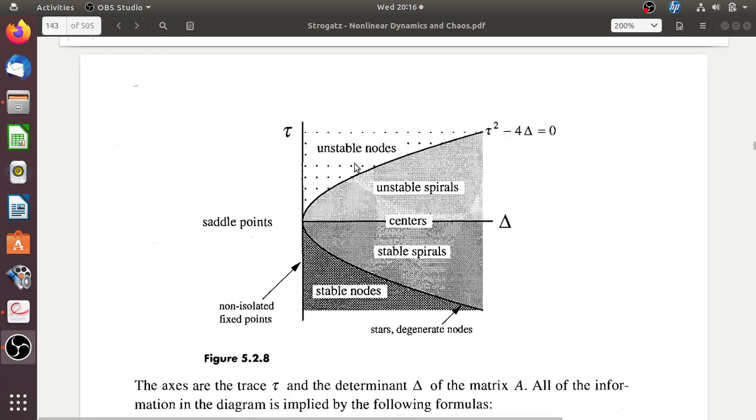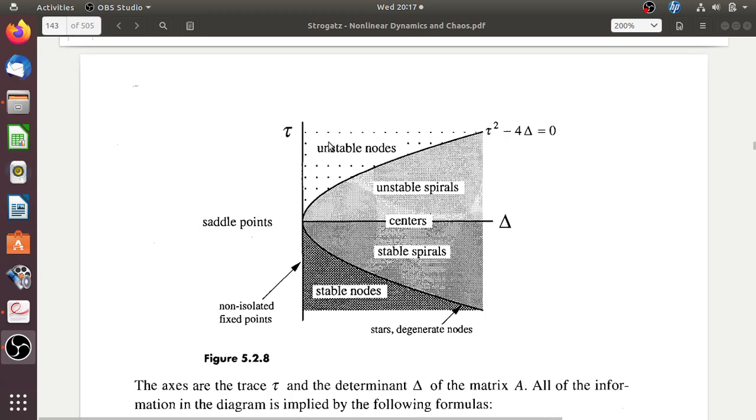Now in this region and this region, if we see tau squared minus 4 delta, this is the curve tau squared minus 4 delta. This is the region where this term is positive, tau squared minus 4 delta greater than 0, and this region is where this term is less than 0. If this term is greater than 0, then we will have real solutions, so lambda 1 and lambda 2 are real values.